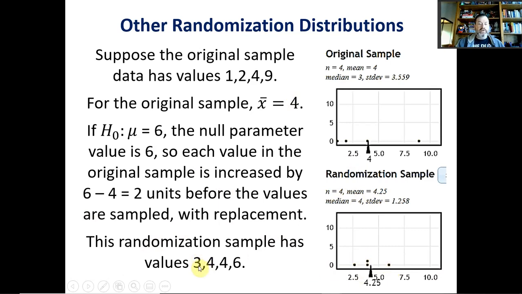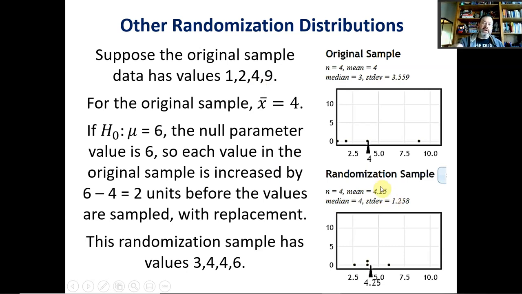The 3 came from the 1 after it was scooted to the right 2 units. So 1 plus 2 is 3. Both of these 4s, I'm allowed to have multiple 4s because it's sampling with replacement. These are the 2s scooted to the right 2 units. 2 plus 2 is 4. And I got a 6, which is 4 plus 2. And then this has its own sample mean, this randomization mean.